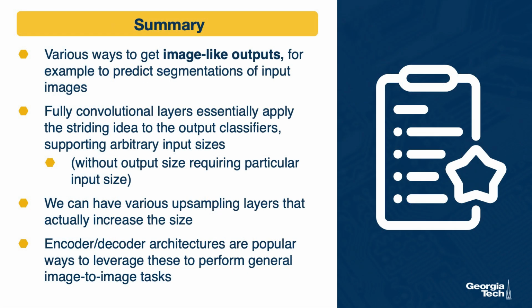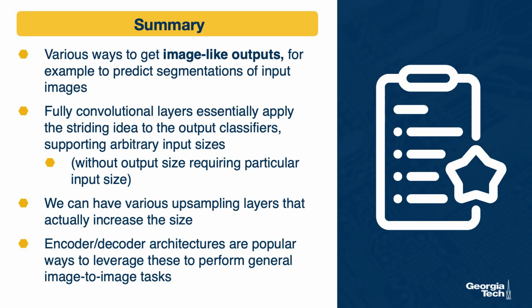So in summary, there are various ways to get image-like outputs, or actually tensors of a width and a height and a depth. And we can perform various tasks such as image segmentation using these methods. Fully convolutional layers, which take fully connected layers but convert them to convolutional style layers, really apply the striding idea to our classifiers.